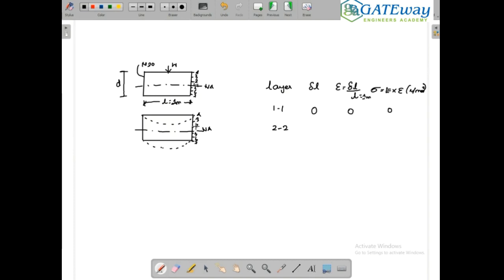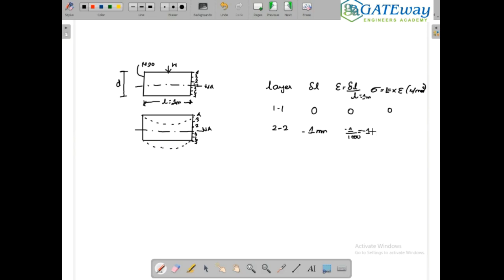take, there is a compression of 1 mm. So minus 1 mm. Then minus 1 divided by 1000, that is 1 meter equal to 1000 mm.